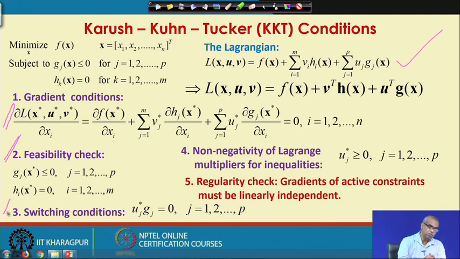The switching condition must be satisfied, u_j g_j equal to 0 for all inequality constraints. Lagrange multipliers for inequality constraints must be greater or equal to 0, that means they must be non-negative, and the stationary point must be a regular point. That means, at the stationary point the gradients of all active constraints must be linearly independent.